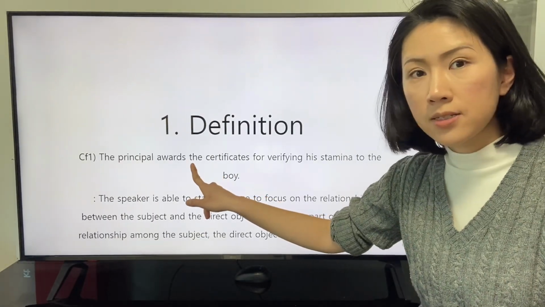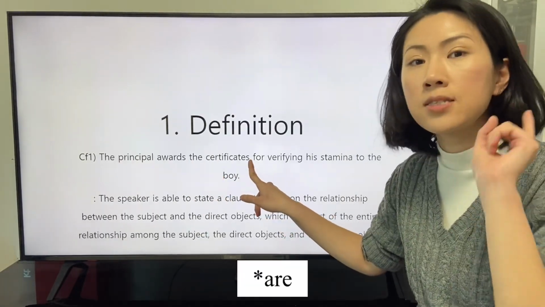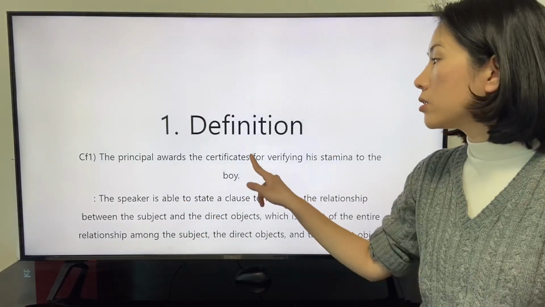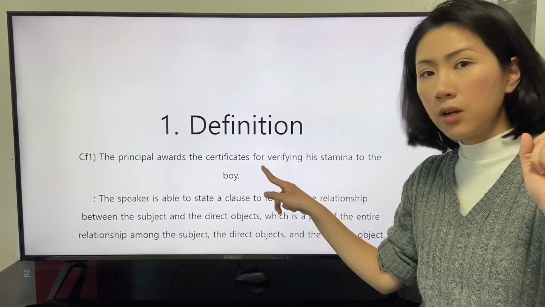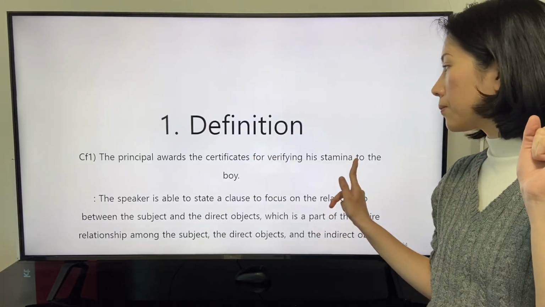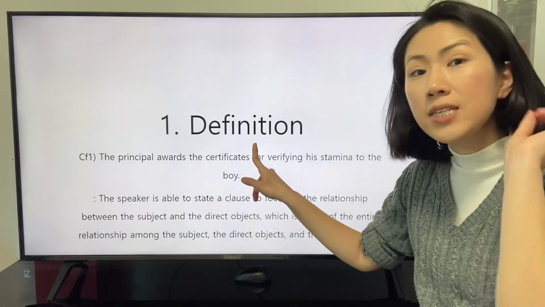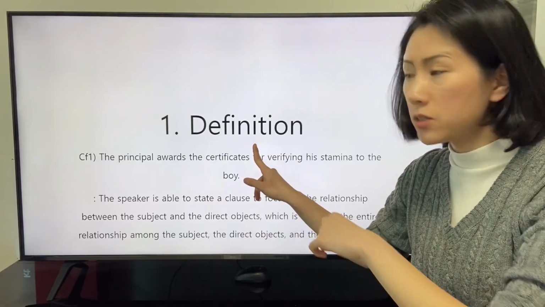The object, the certificate, is the object of the transitive verb, because the preposition for forms a unit that is not considered as a constituent of the clause.